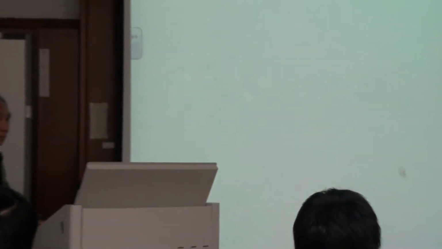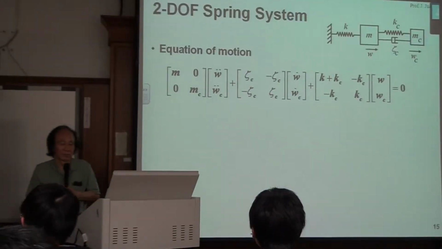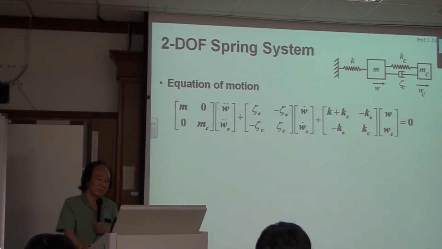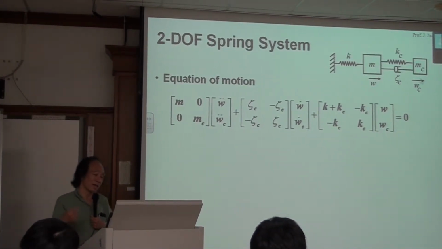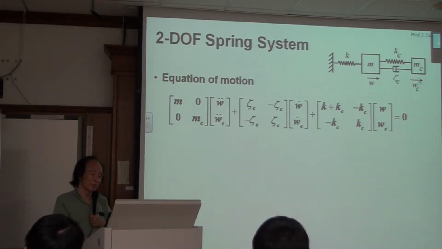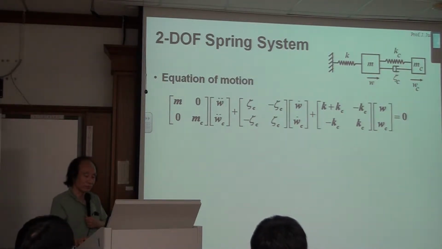All right, let us look at this typical TMD problem here. Now, here, the WC, ZLC, MC, this C means I add a controller. For this case, I have displacement feedback and also velocity feedback.